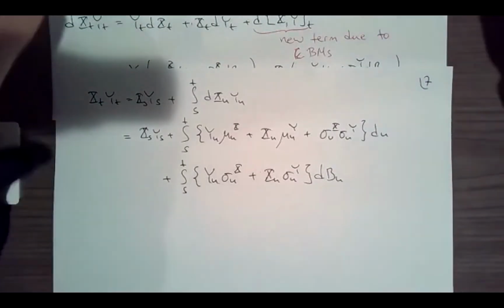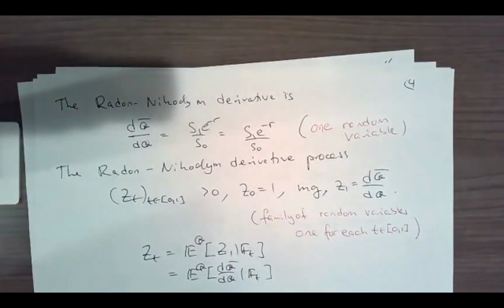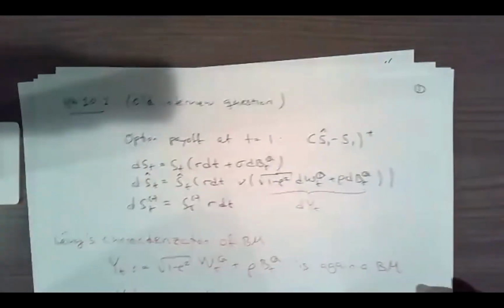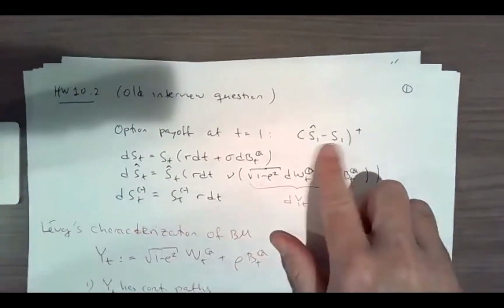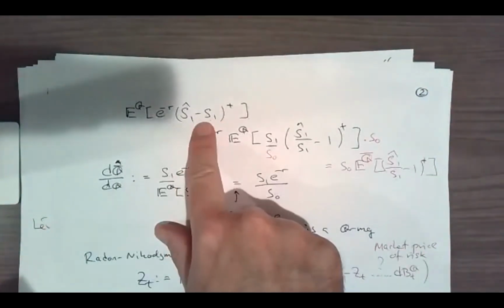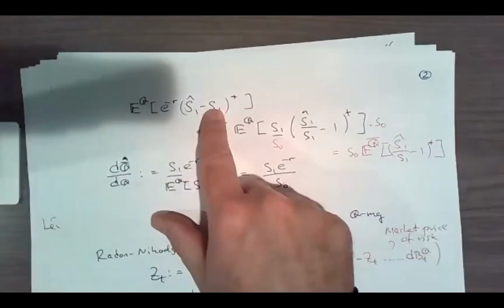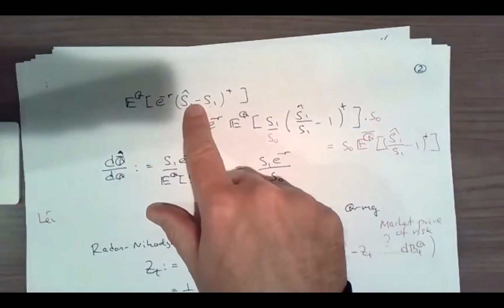Long story short for this homework question, the point of doing this rewriting is, again, just to say one more time: you're being asked to price this payoff. You price the payoff by computing the conditional expectation. The problem there is it doesn't look like a standard payoff for a call or a put.